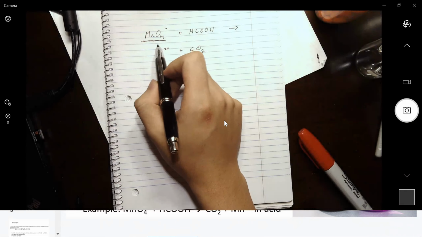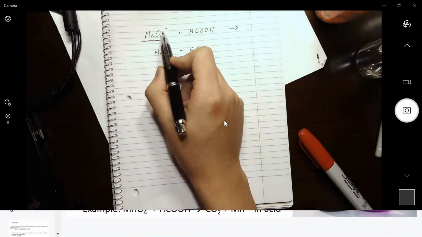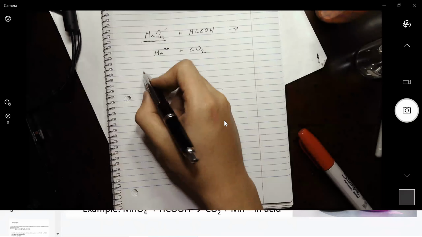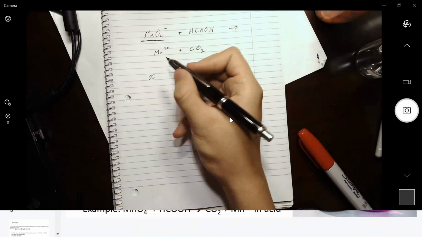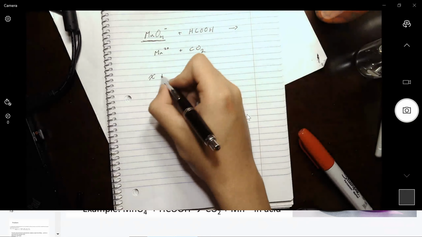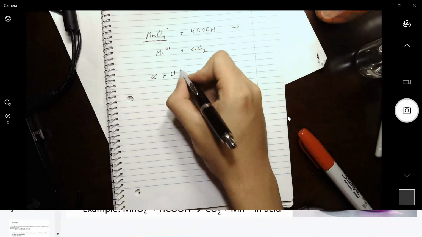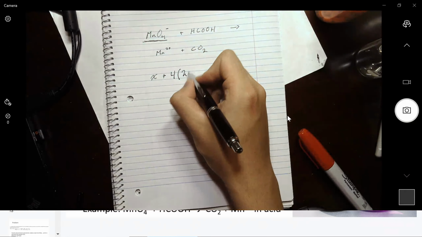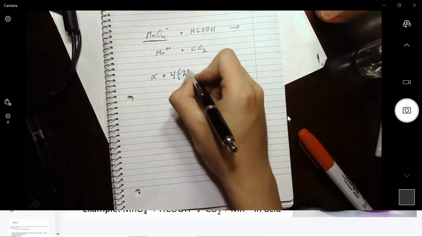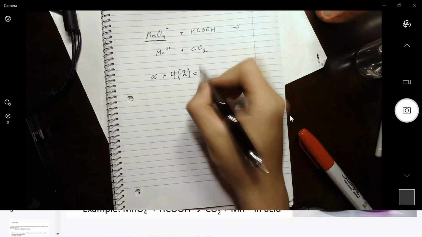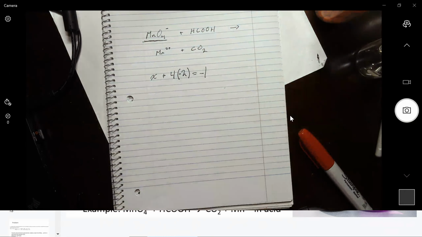So if each oxygen is 2 minus and the overall charge is 1 minus, what should manganese be? Present it this way: the oxidation state of manganese is X, plus 4 oxygens, and each one is 2 minus, so negative 2. And this needs to equal the total charge, which is minus 1. So what's X?